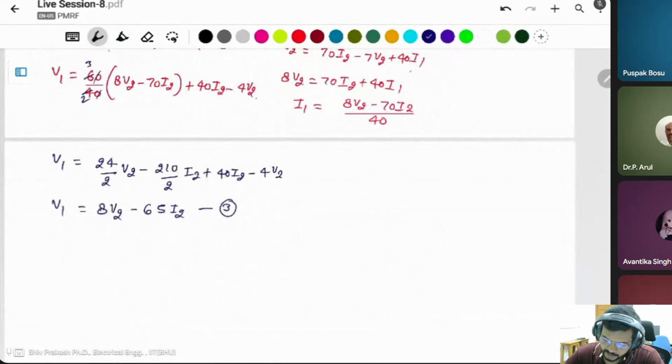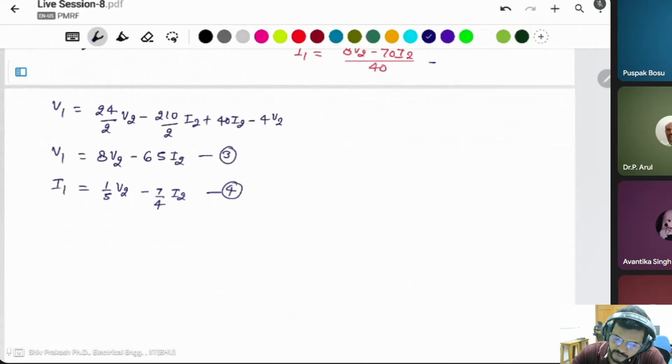Okay, V1 is coming in terms of V2 and I2. You have to find the I1 in terms of V2 and I2. Then what is the I1? I1 already found here, 8 by 40, it means this is 1 by 5 V2 minus 7 by 4 I2.